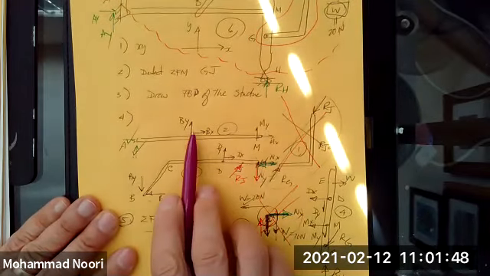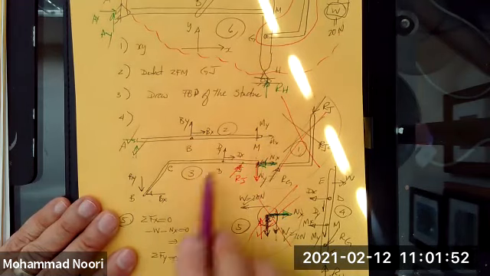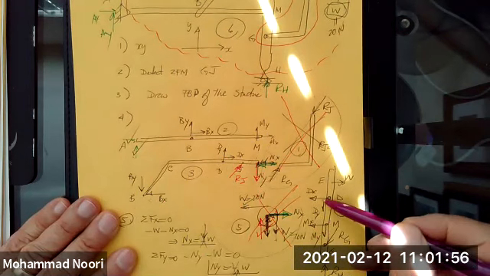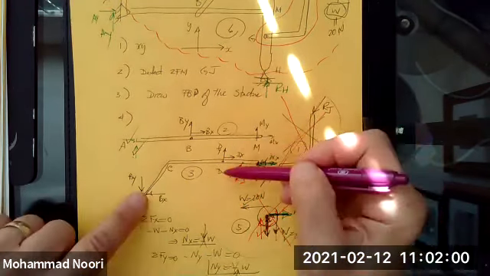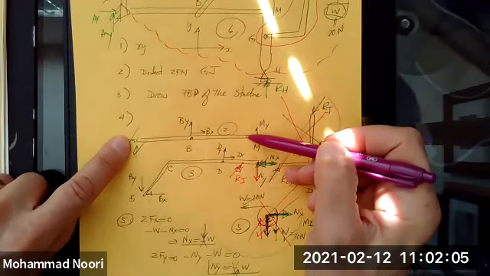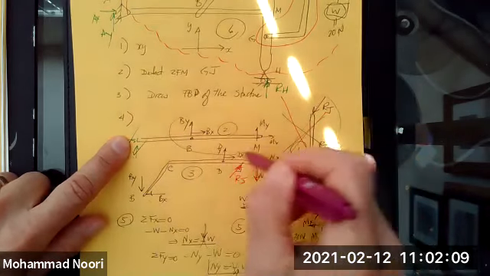Then you look again. This has now 4, 4, and 5. So 1 free body diagram now has the least number of unknowns, and this one.